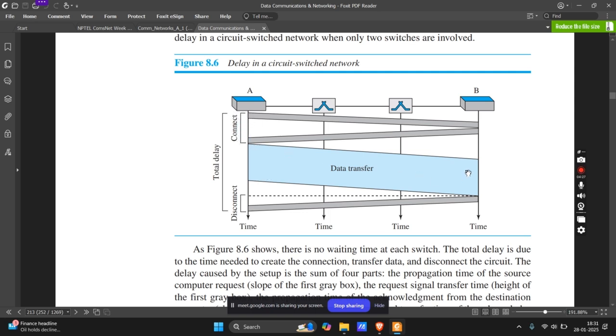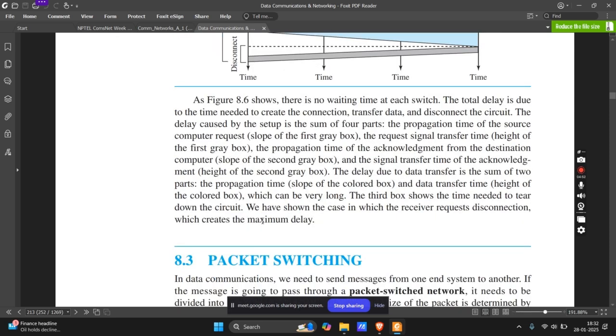Then there will be the data transfer, whatever time is needed for it, and then you have to disconnect, meaning free up all the channels, and that will take another time. So the time needed to make reservations in the channels, plus the time needed to tear down the reservations, plus the data transfer time, together constitute the total delay in a circuit switching network.